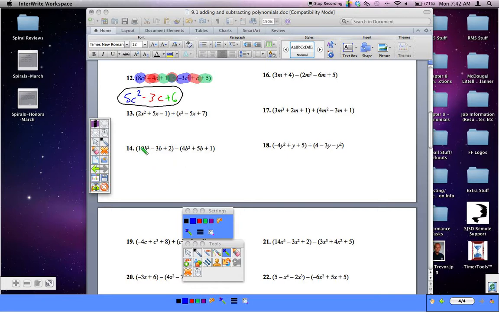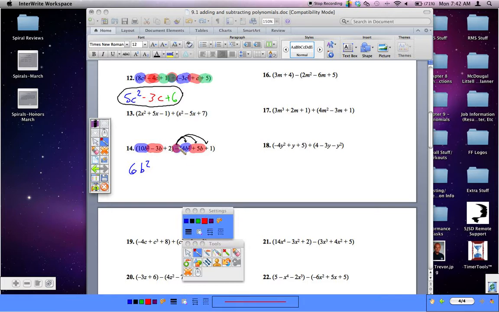Let's do a subtraction one. These ones get a little bit difficult because this subtraction sign has to go to each of the terms on the inside. So here's 14. 10b squared minus 4b squared, that's 10 minus 4, which is going to leave you at 6. Then we have negative 3b minus 5b.